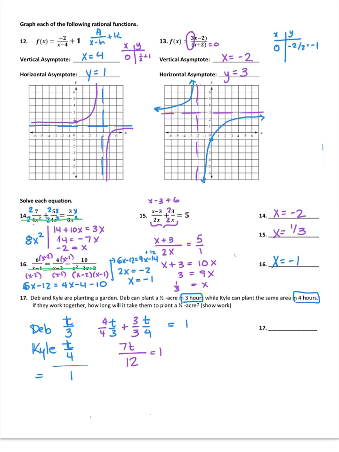And so you multiply by the reciprocal, 12 over 7, that isolates your t. So 12 over 7 is about 1 5/7 of an hour, which is a lot less time working together than doing it individually. Okay, I hope that helped.